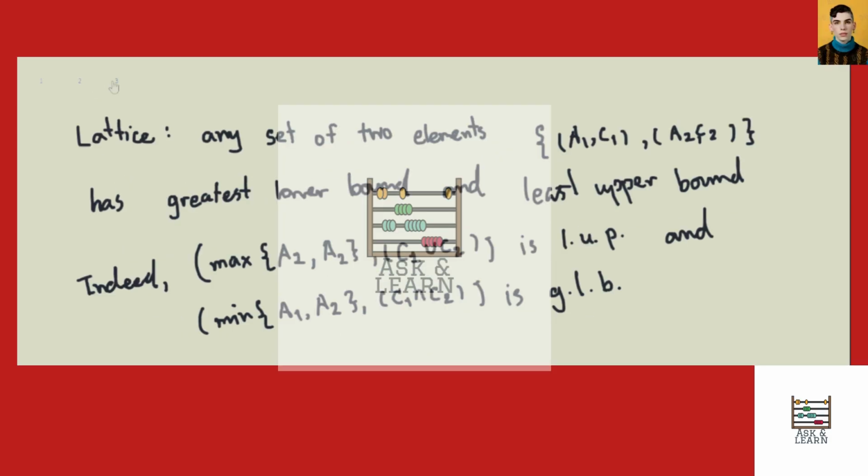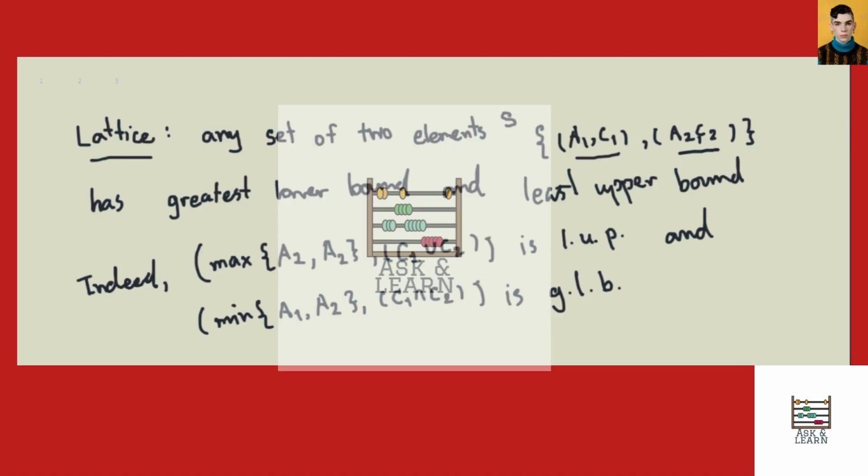Okay, what's interesting would be the lattice side of the proof. So let's go over the definition. It would be a lattice if any set of two elements from S, so write it like this: A1 C1 and A2 C2, has a greatest lower bound and a least upper bound.